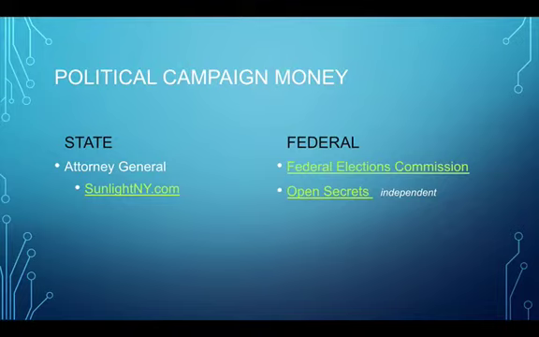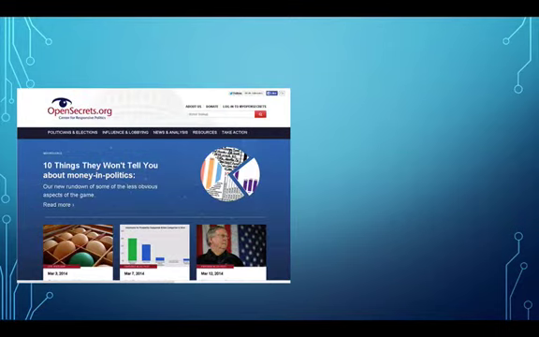How about the federal races? Let's take a look at Open Secrets. The Federal Elections Commission has a website, but I find Open Secrets a little easier to use. So here's the Open Secrets website, and what if I wanted to figure out who from Jamesville supports Dan Maffei? Maybe I'm looking for donors because I want to interview somebody about the Dan Maffei and John Katko congressional race.